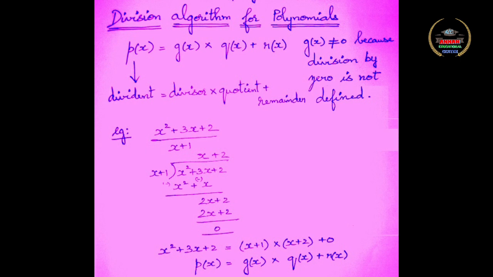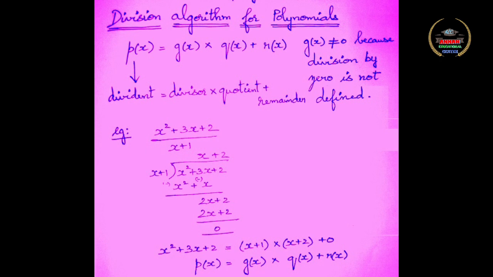Now I will give you two examples to show this division algorithm for polynomials. Let us take a simple example. We are going to divide x squared plus 3x plus 2 by x plus 1. Here p of x is x squared plus 3x plus 2 and your g of x is x plus 1.